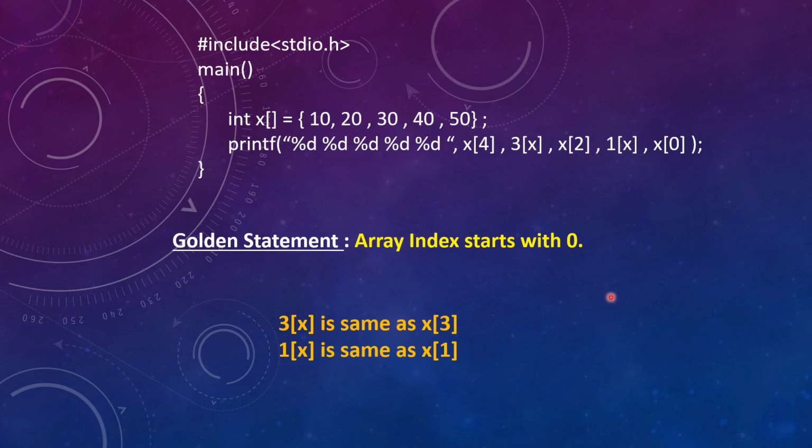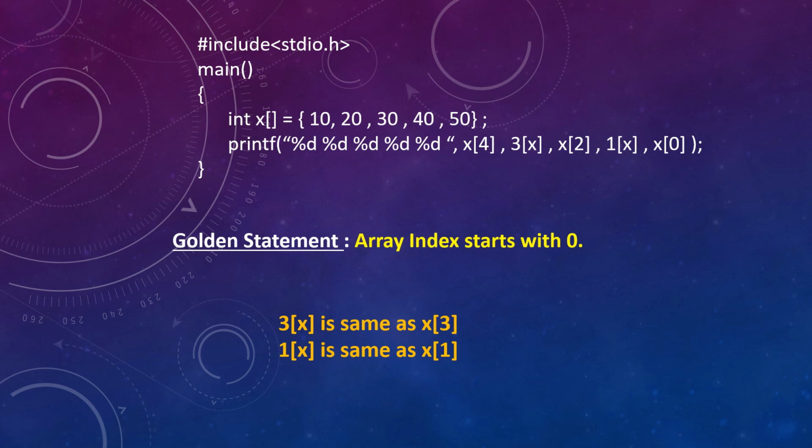So you need to remember this thing: 3 of x is just x of 3. And one more thing, array indices start with 0 and do not have any negative indices. We will look into negative indices in future videos, don't worry, but just remember these 2 lines, then you can easily solve such types of questions in your interviews.